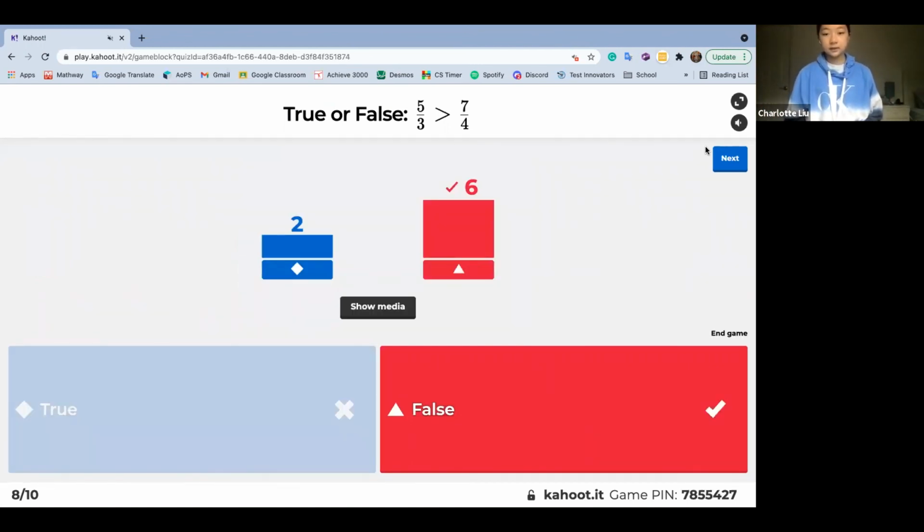The answer is false because if you use the common denominator, it would be 20/12 is greater than 21/12, and 20 is less than 21, so it would be false.